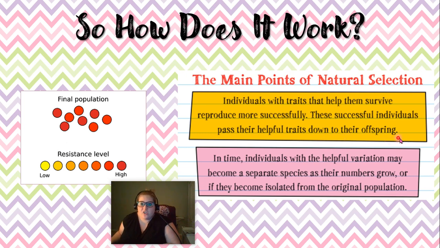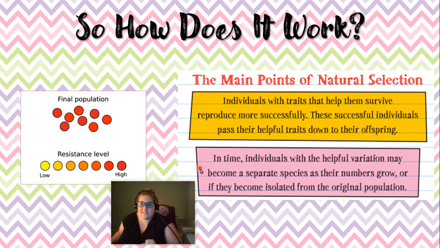This could potentially lead over time, as more adaptations are occurring in this population or within this species, to you ending up with a different species altogether. This bottom point of natural selection is a separate piece that we're really not going to get into in its entirety.